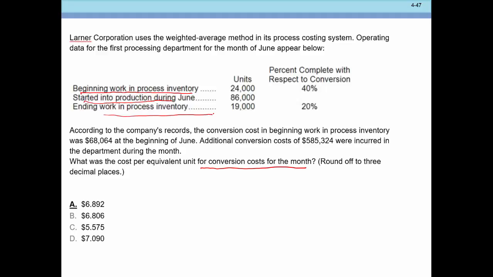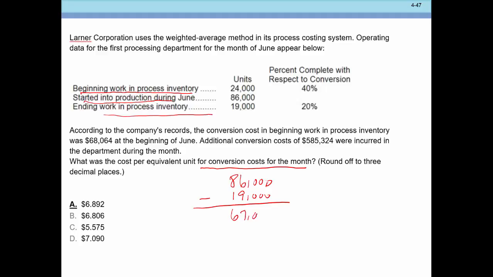So what do I do? I'm going to take the units that were started for the period, which is 86,000. I'm going to subtract off the units that are in ending inventory, 19,000. That gives me the units that were started and completed this period, 67,000.